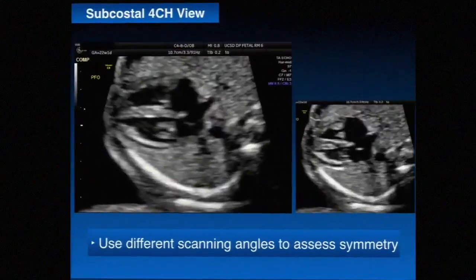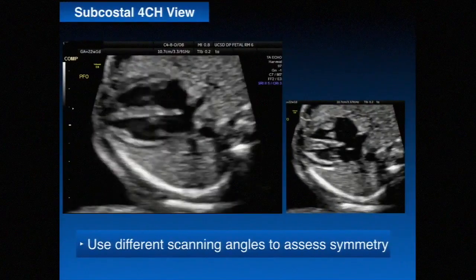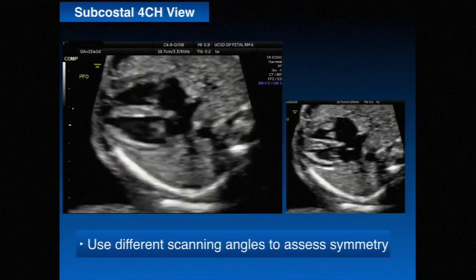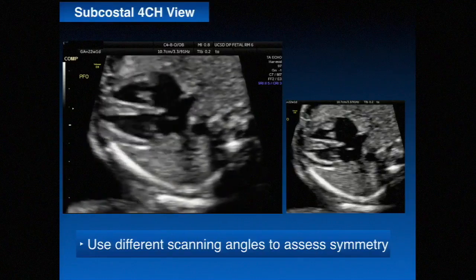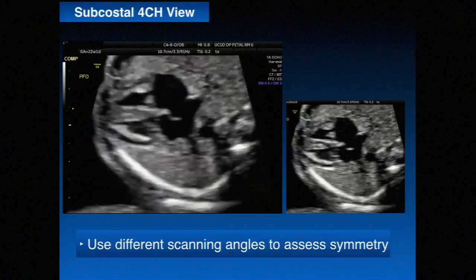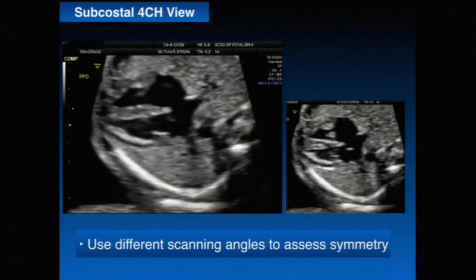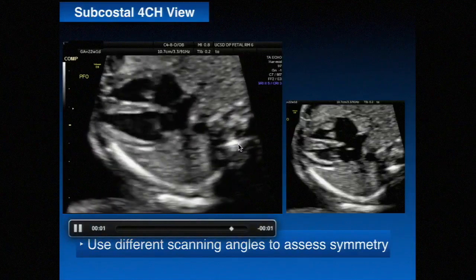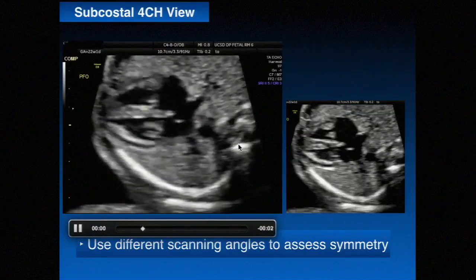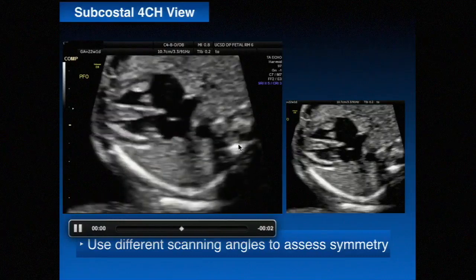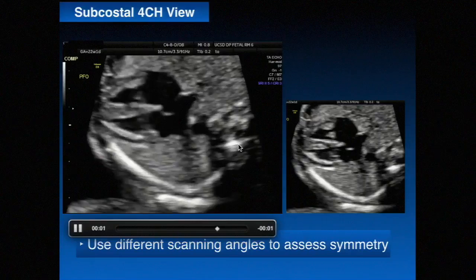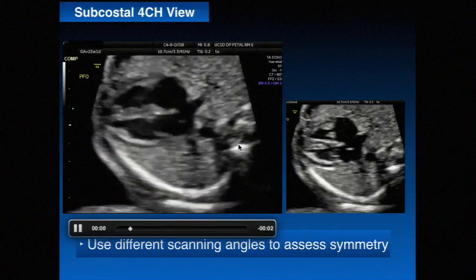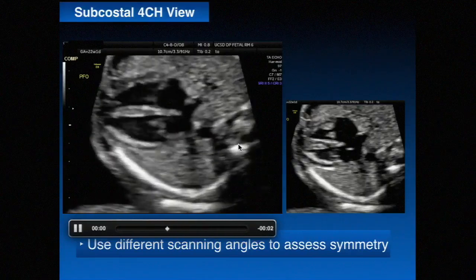And sometimes in the 3rd trimester, when you're doing an apical 4-chamber view, it's easy to foreshorten perhaps, or have a technical limitation, and you might think that one chamber is bigger than the other, but I find that this view is more reliable later in gestation to confirm whether or not there is any disproportion. So you want to make sure and use different scanning planes to confirm symmetry or asymmetry.